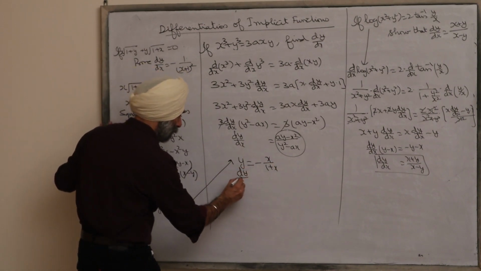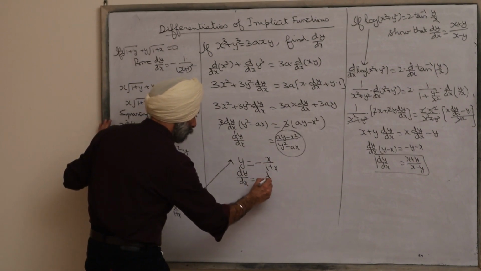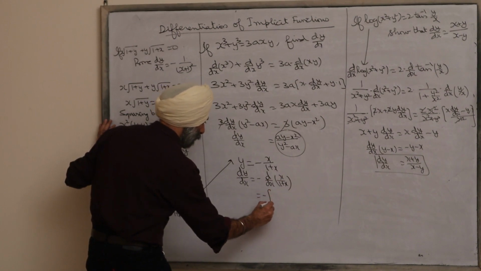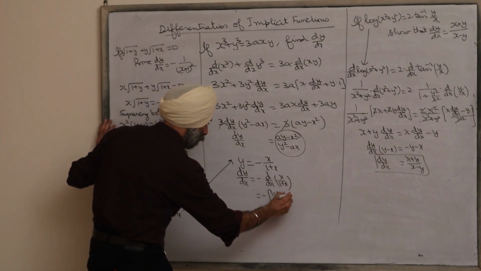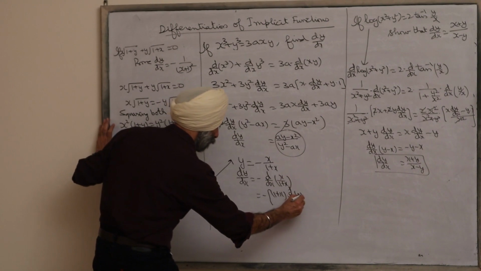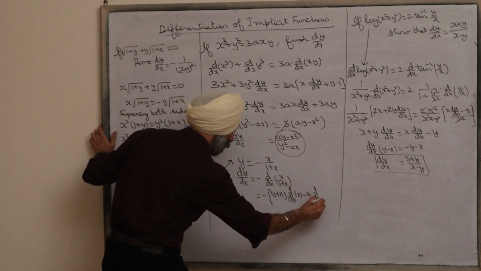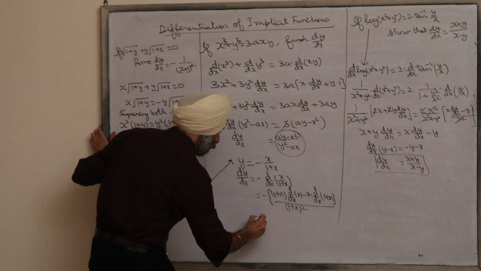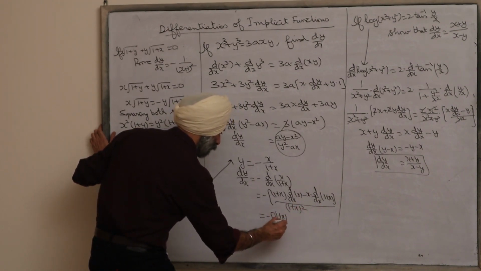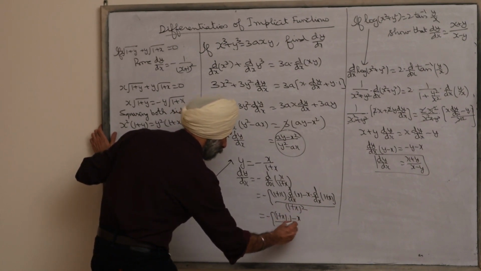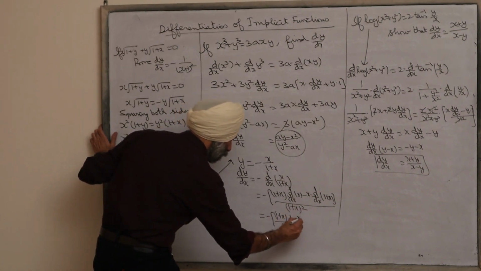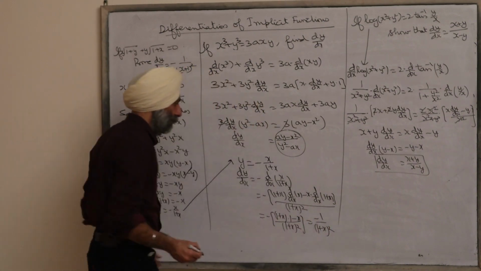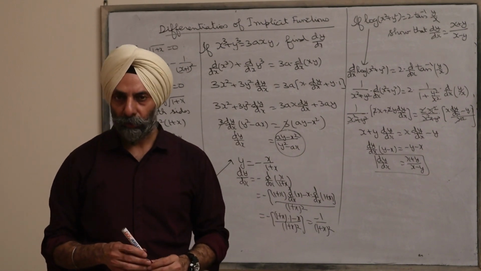If you differentiate this, it is minus d over dx of x over 1 plus x, which is minus v into differential of u minus u into differential of v upon v square. It is minus 1 plus x into 1 minus x upon 1 plus x whole square, which is your minus 1 over 1 plus x whole square, which is your required proof.